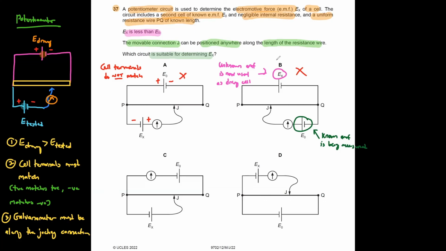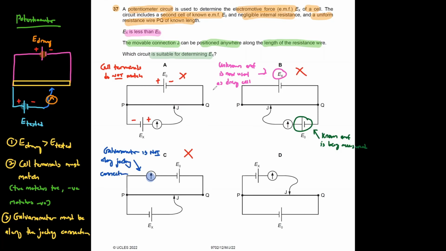So B is out. Answer choice C would also be wrong, namely because you can see your galvanometer being put here. Here, your galvanometer is not along the jockey connection. So it's going to be wrong.